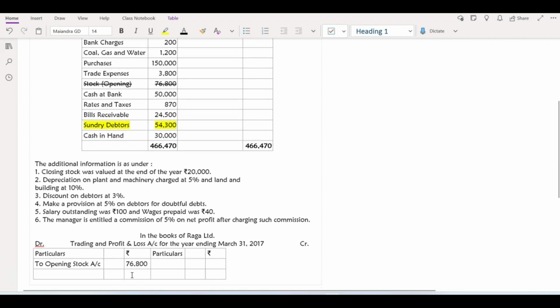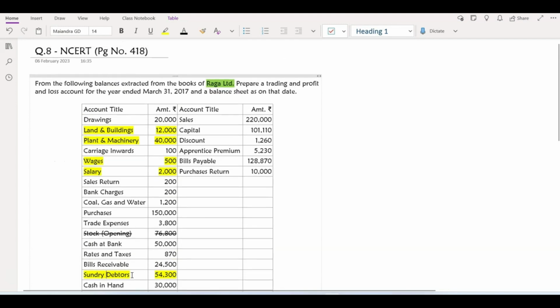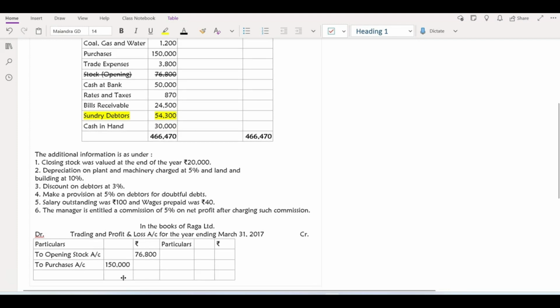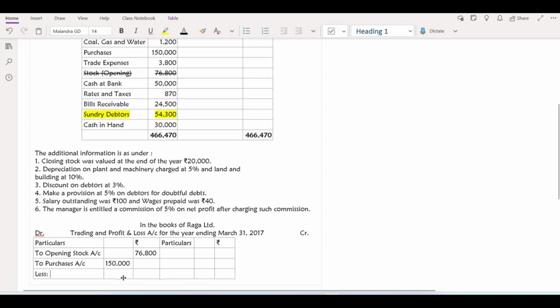All right, now after opening stock comes purchases, but when I am writing purchases, this is my habit, just to check whether there is a purchase return. Yes, there is a purchase return. So my purchases value is 1,50,000, which I am going to write in the inner column because the purchase return is shown as a minus item from purchases.